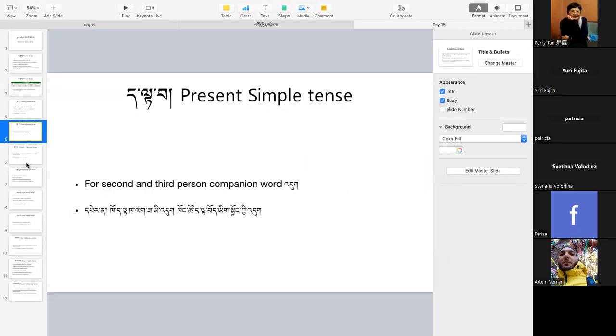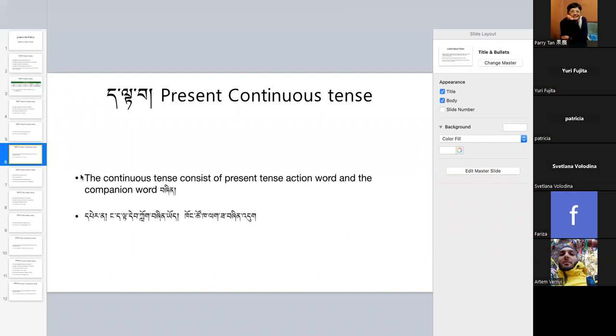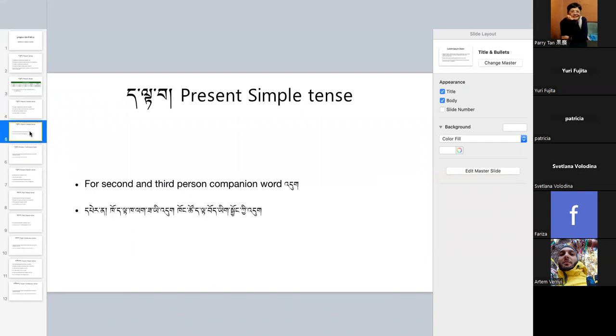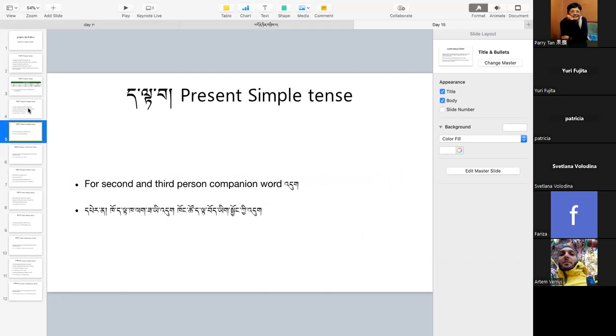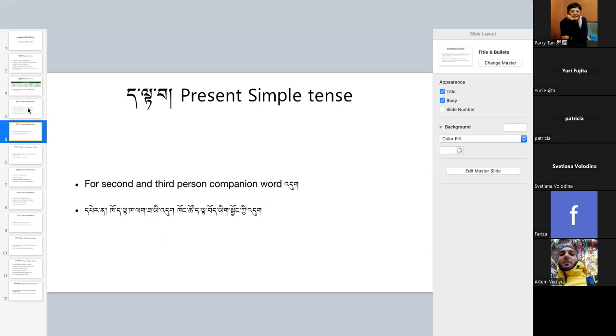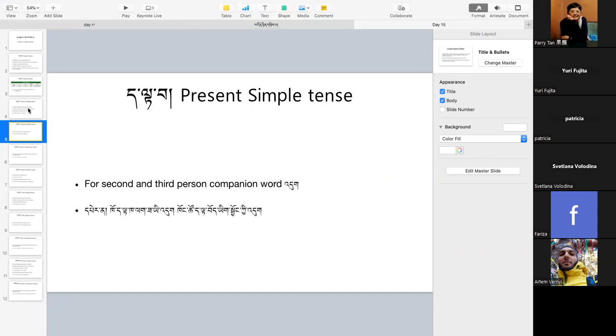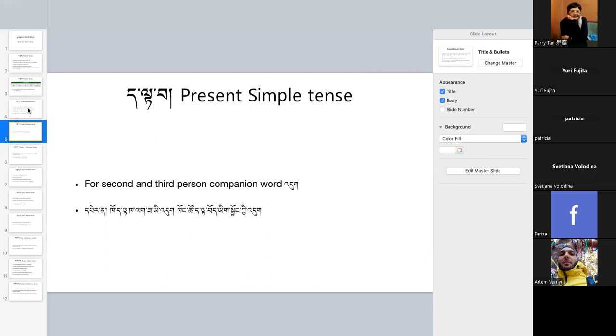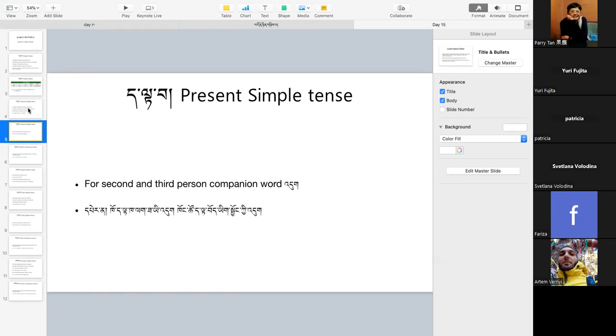My question is, I learned before that we have 2 options. First is the companion word do, and second option is companion word yore. What I learned is that yore comes more from knowledge, and do comes from own experience.